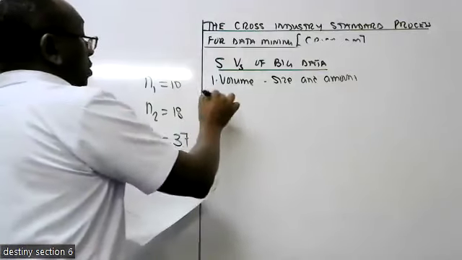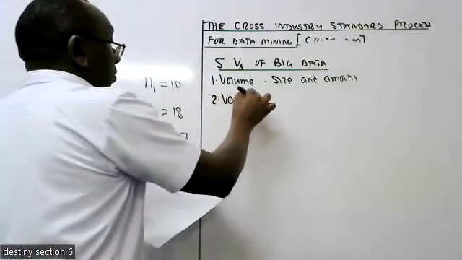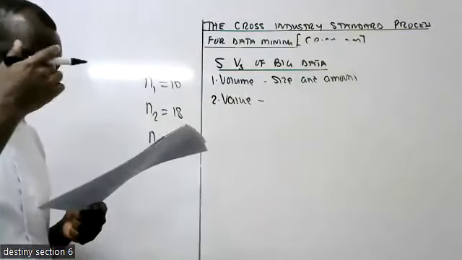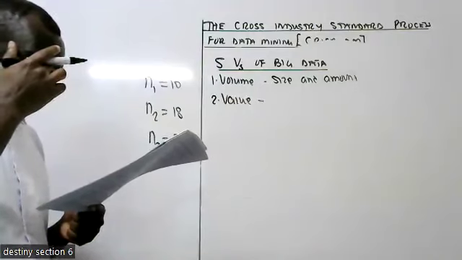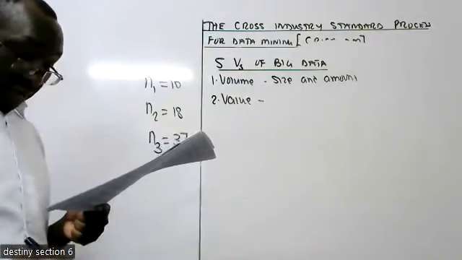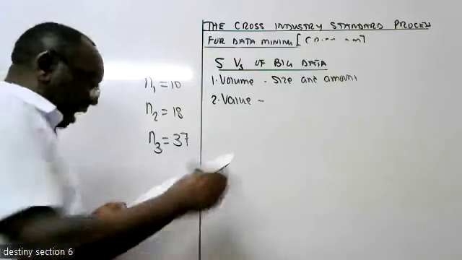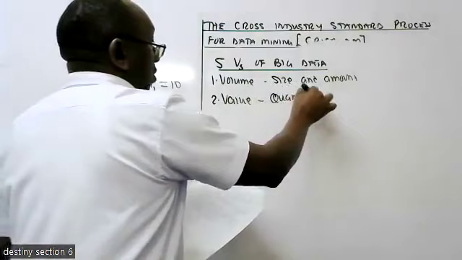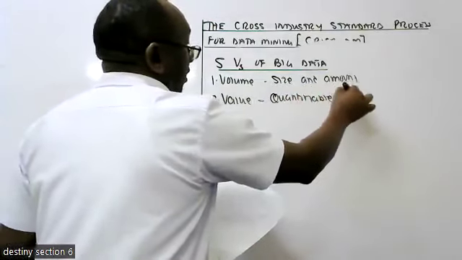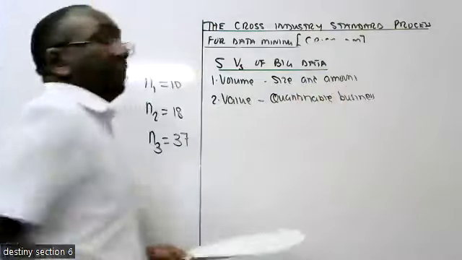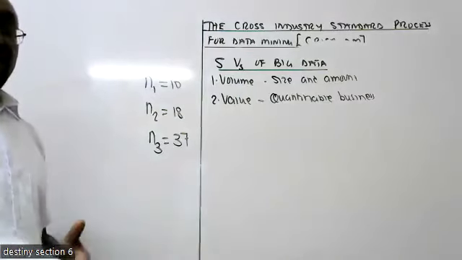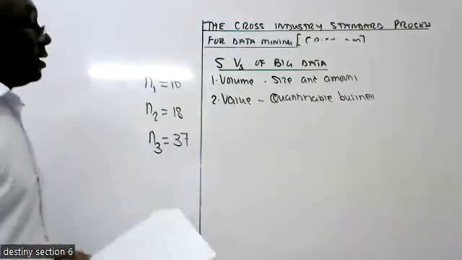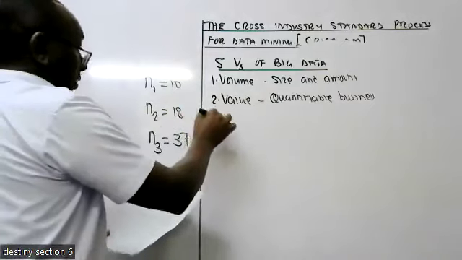Number 2 is value. These are quantifiable business benefits.